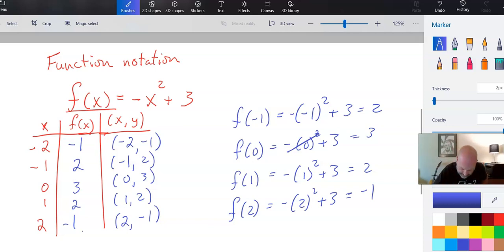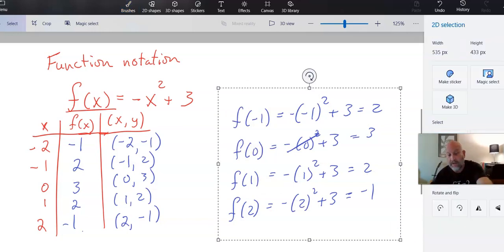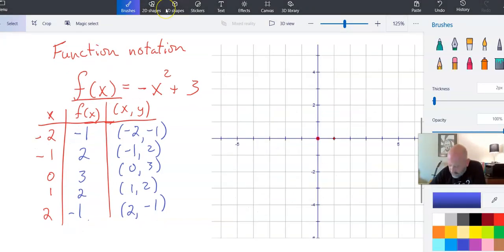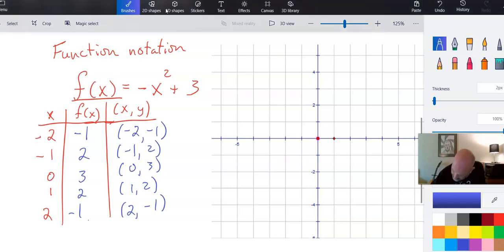So let's go ahead and take a look at what this would look like on a graph here, shall we? Let's plot these points. First we have the point negative 2, negative 1. Then I have negative 1, 2, so that's here.